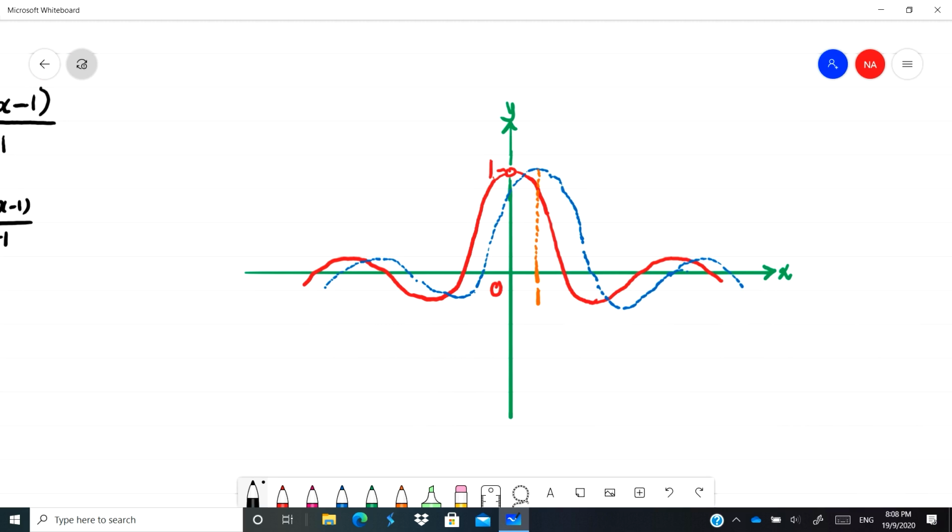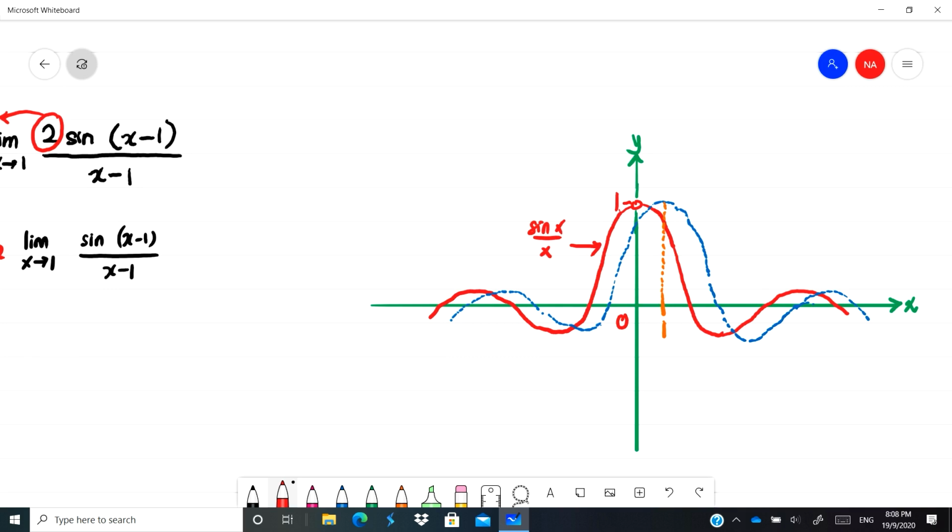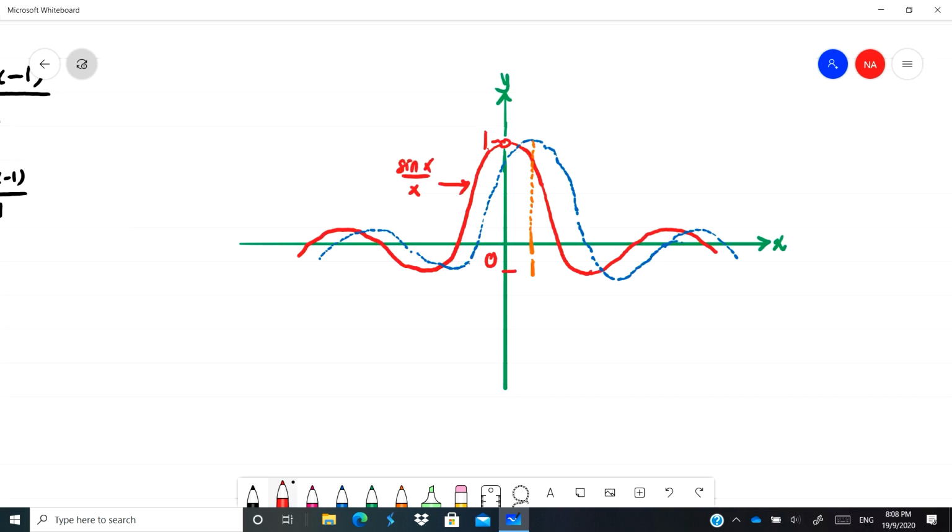So the original graph is in red. This is sine x over x, but when we have x minus 1, sine x minus 1 over x minus 1, it means we have shifted the red graph to be the blue graph. We have shifted to the right by 1 unit.